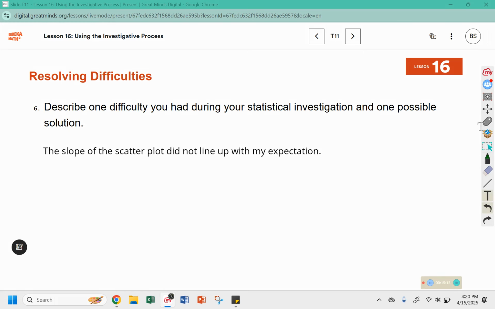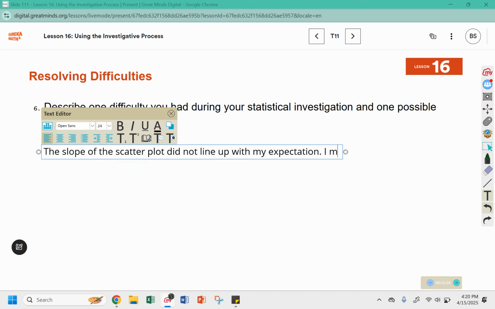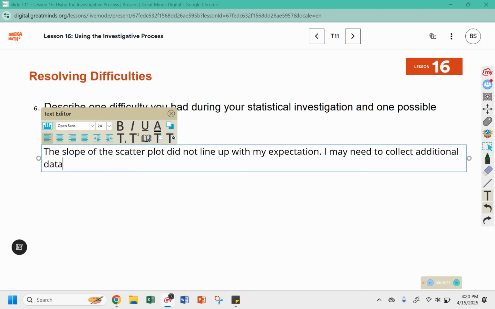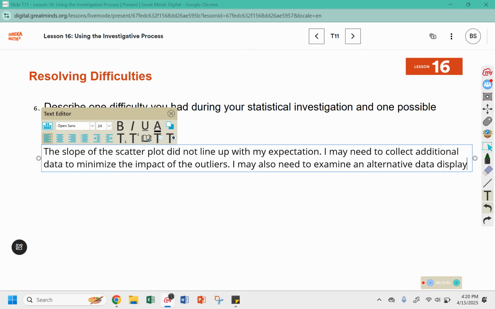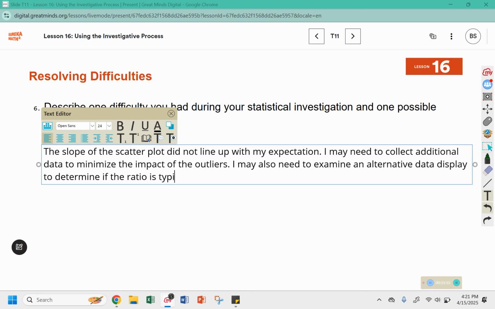A possible solution is that I might need to collect more data to minimize the impact of the outliers. I may also need to examine an alternative data display to determine if the ratio is typically 10.